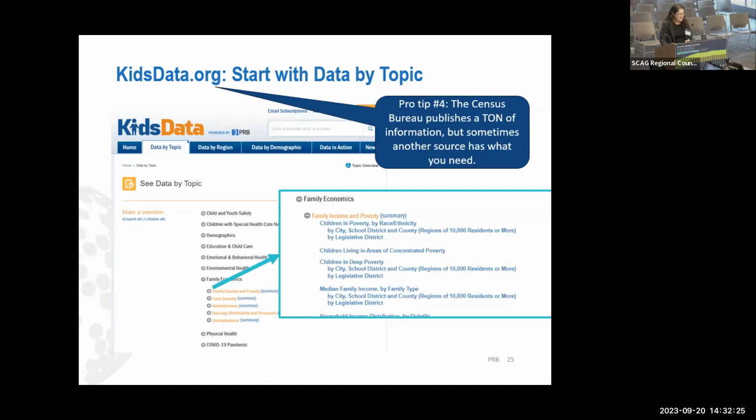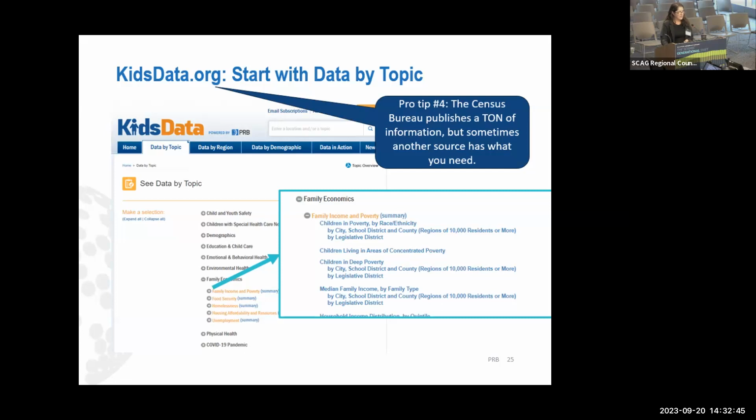So if you go to kidsdata.org, you can start on the data by topic page. Under data by topic, poverty is in the family economics section. So if we expand that, it brings us to a variety of different indicators on income and poverty level by city, by legislative district, school district, so on and so forth.